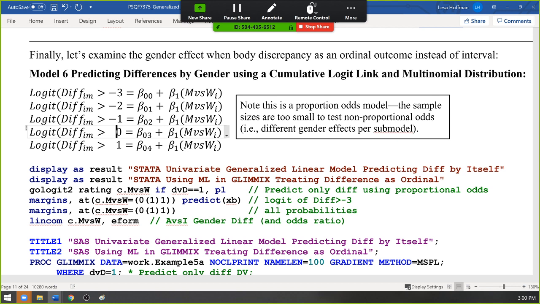So that is this idea of submodels, where the number of submodels is 1 fewer than the number of possible responses. By default, the software tends to fit a proportional odds model, which is where the effect of gender is the same on every submodel. We don't have enough people really to test that with the gender discrepancy that we have, so I'm going to leave it alone.